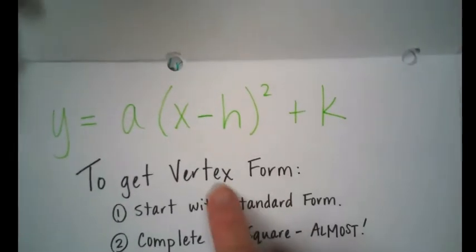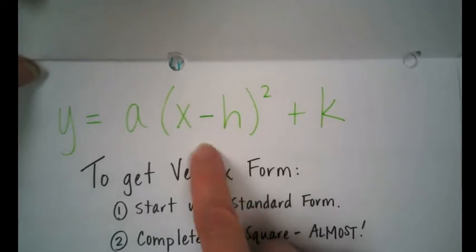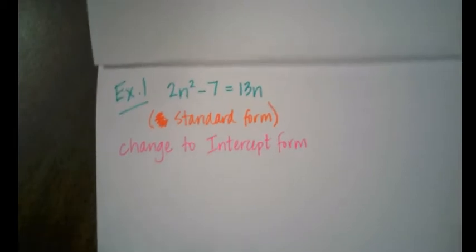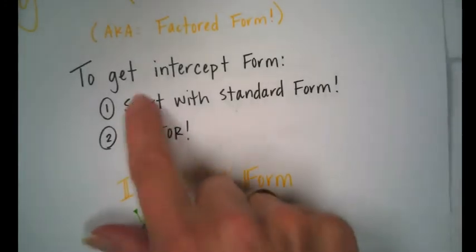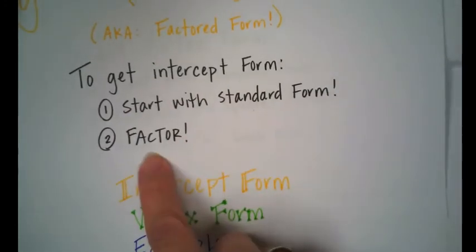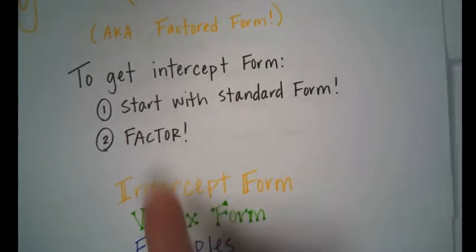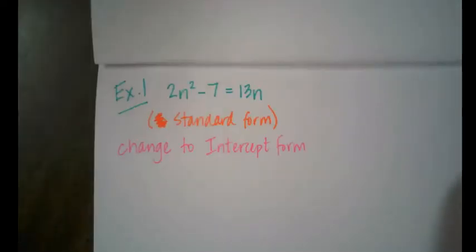And when our quadratic is in vertex form, we'll have 1 set of parentheses, and they'll be squared. So since this has no parentheses, I know this is in standard form. So what we want to do is change this to intercept form. So if we go to our flip chart, if we want intercept form, we need to start with standard form and then factor.